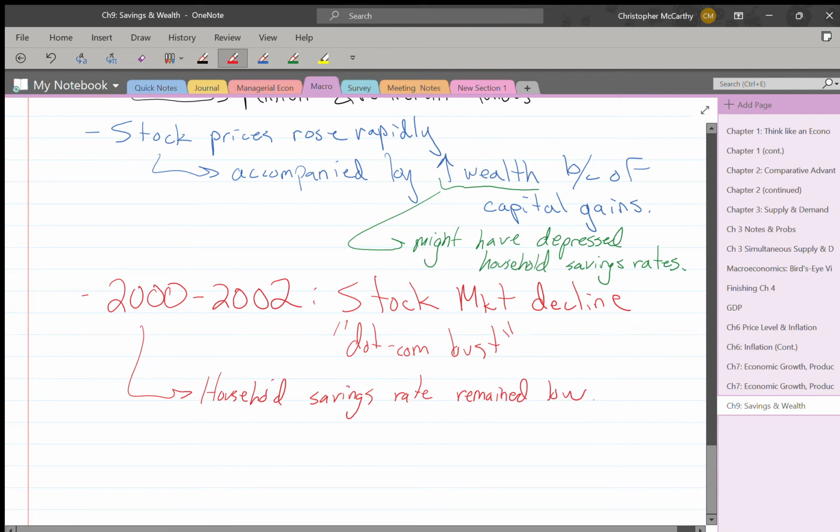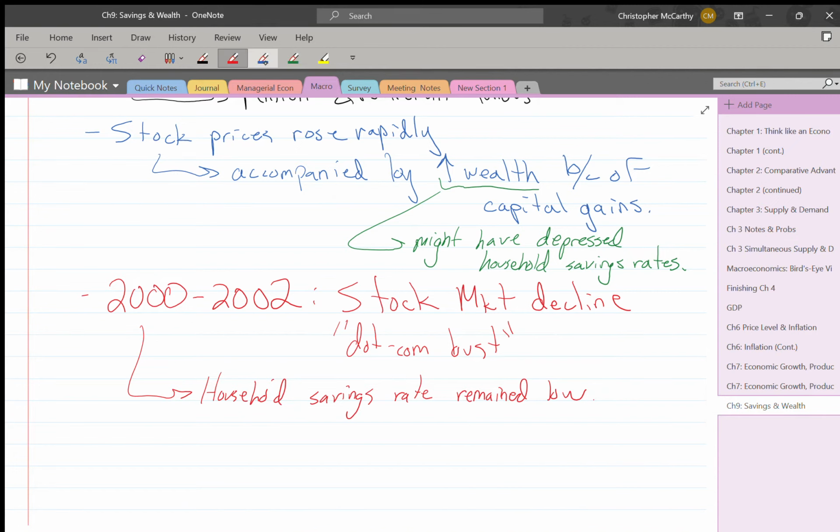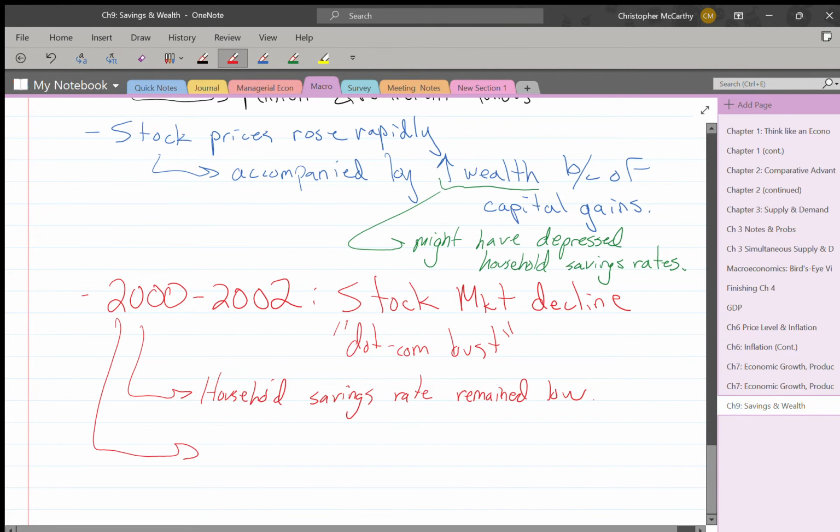And also during this period, we had the value of privately owned homes increasing rapidly.